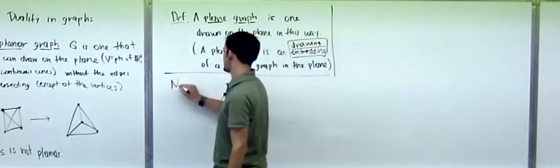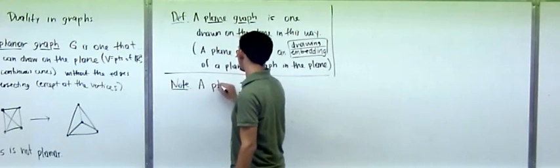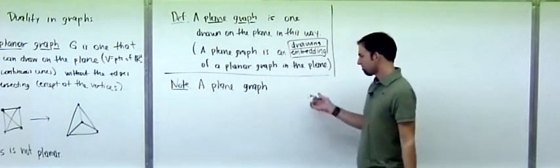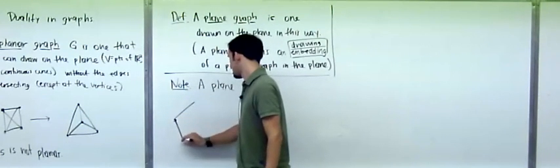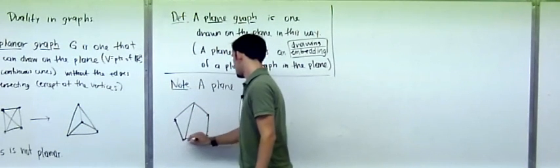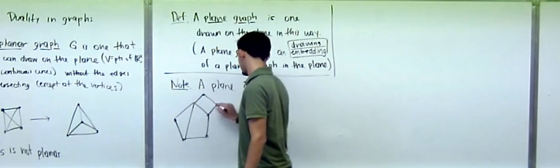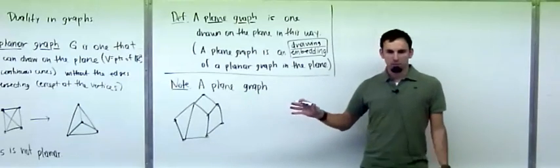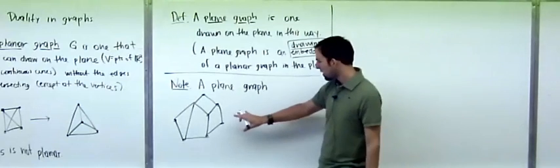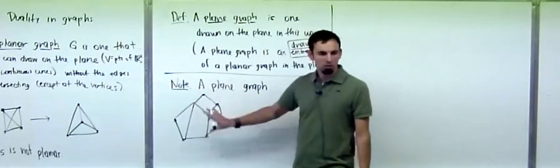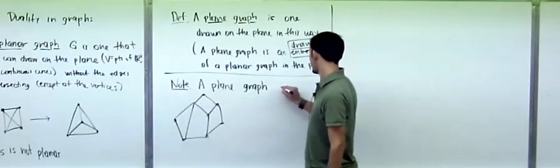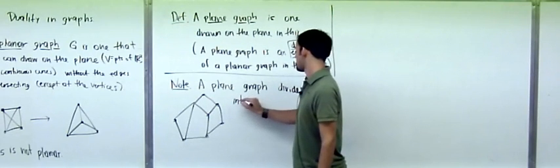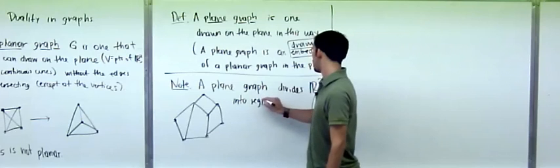Now, here's an observation. If you draw a plane graph, you get something like this. There's a clear notion of regions of this. A plane graph is going to divide your plane into different regions, which I'm going to call faces.